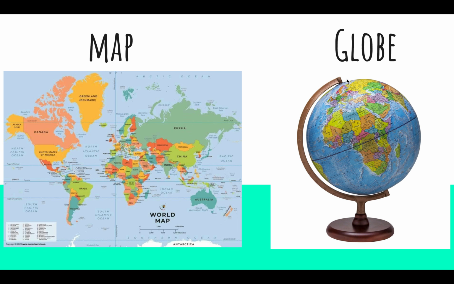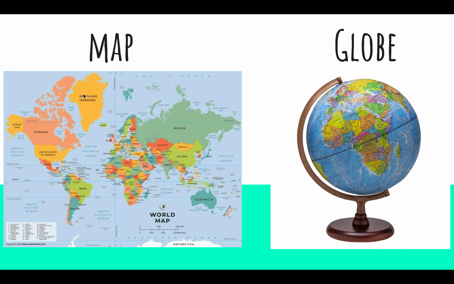On this side, you have a globe, which of course is a much better representation of the shape and the size of the Earth's countries and continents. A map is simply taking a globe, cutting it open and laying it flat on the surface of a table, which distorts the size.